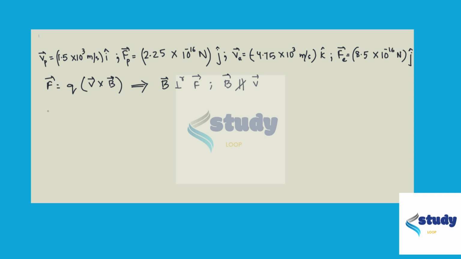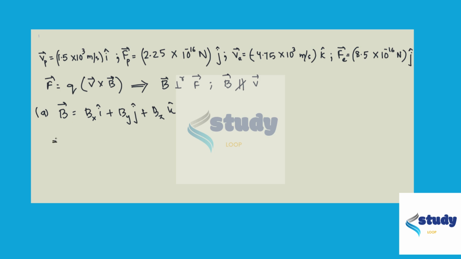So for the proton, this is the first part. Let's say the magnetic field has all three components. For the proton, force is along the y direction and velocity is along the x direction.